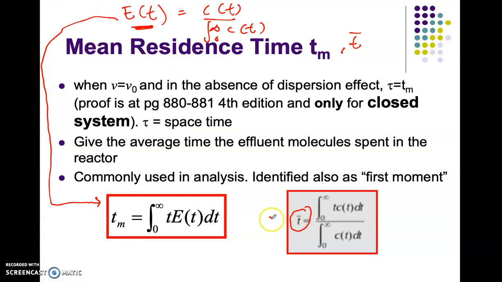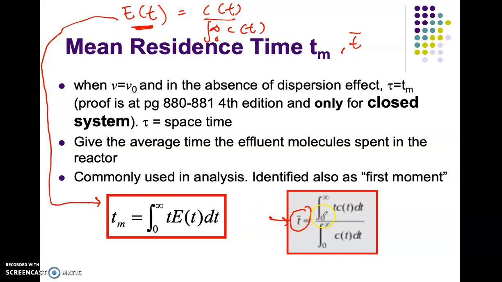Let me remind you again that your book will use the symbol T bar instead of tm. Later on you will see the formula is more or less the same, so don't worry, just stick to your book. I will show you some examples after this.